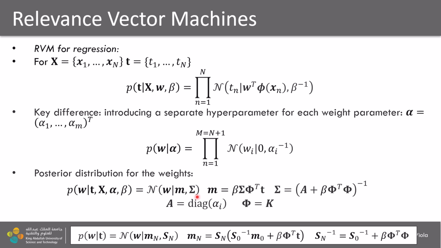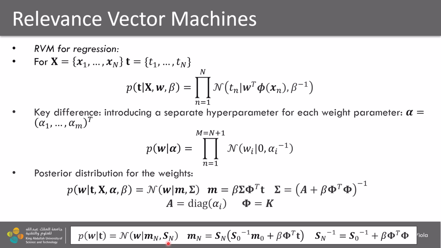Now the m is given by this formula here, and the epsilon is expressed here, and we can see that we had an earlier result of a posterior probability distribution for the weights in case of the Bayesian linear regression, and there we realized that the mean and the variance were calculated.